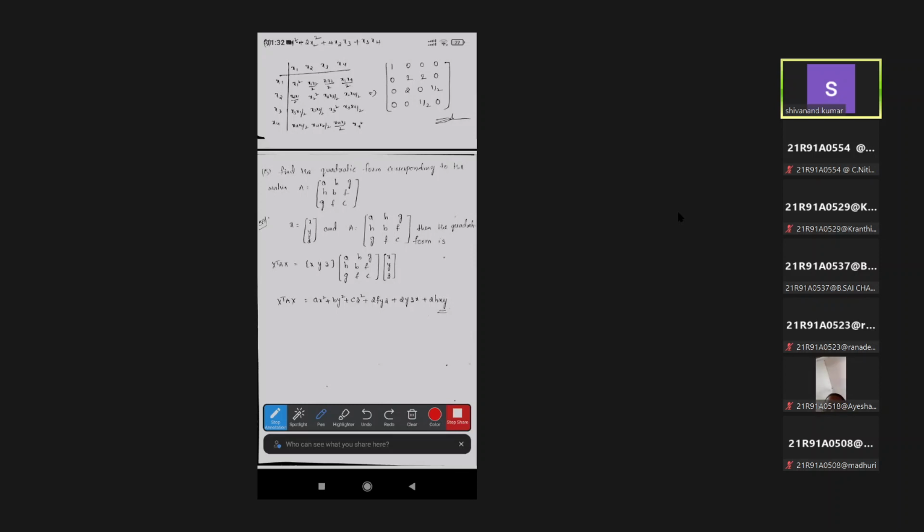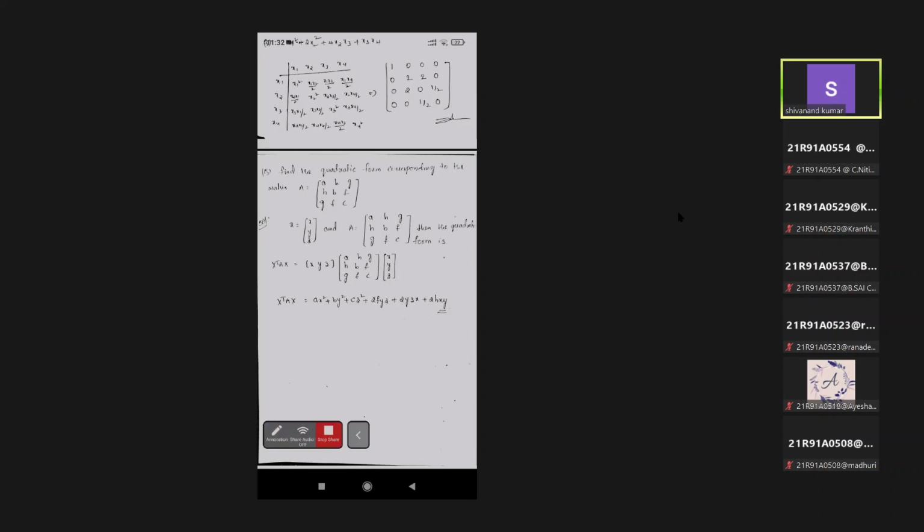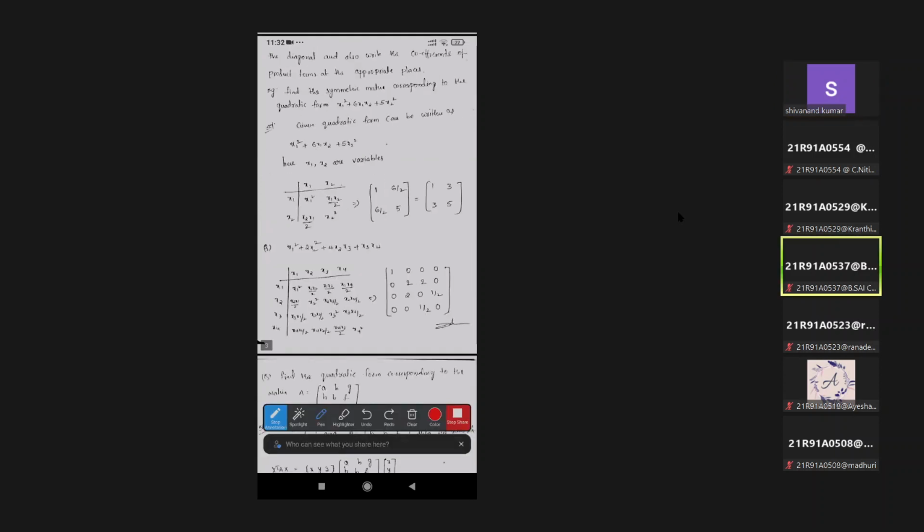And quadratic form to matrix form, you know that one; we did it before this. If there are two variables, you have to take a 2 by 2 matrix. If there are three variables, it is a 3 by 3 matrix, and you have to write down only the coefficients of those elements.